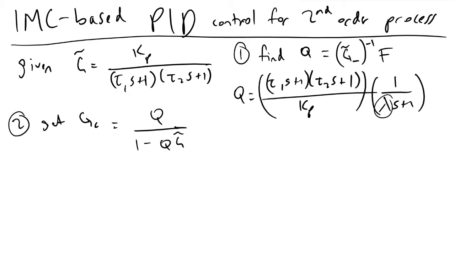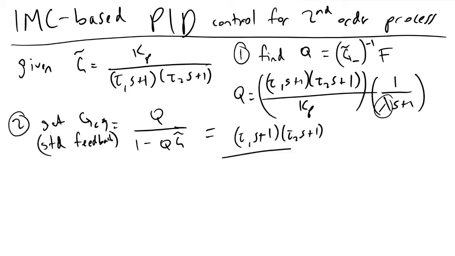This is the standard feedback controller. It's pretty much plug and chug and some algebraic substitutions. We've already established that Q is equivalent to tau 1 s plus 1 times tau 2 s plus 1, quantity divided by Kp times lambda s plus 1.